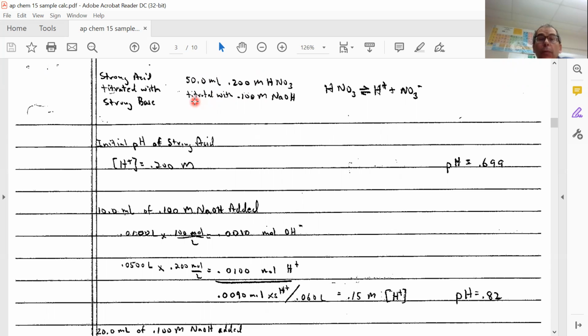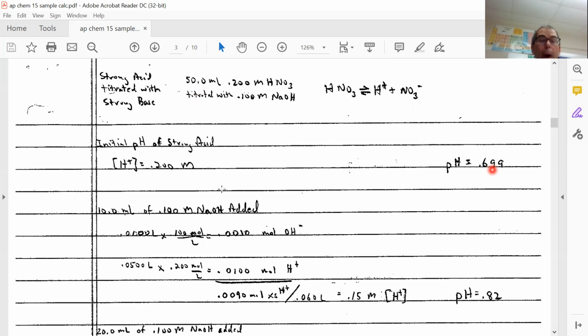You could use MAVA equals MBVB to solve that, and this endpoint should be at 100 milliliters. You can still titrate beyond the endpoint if you choose to. The initial pH of a strong acid, if it's 0.200 molar, doesn't matter how much we have of it. I take the negative log of that, and I get 0.699.